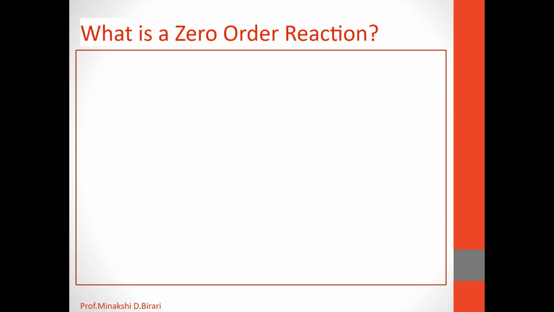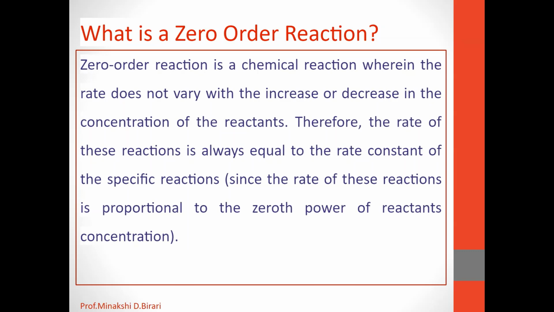Now let's see what is a zero order reaction. Zero order reaction is a chemical reaction wherein the rate does not vary with the increase or decrease in the concentration of the reactants. Therefore, the rate of these reactions is always equal to the rate constant of the specific reaction, since the rate of these reactions is proportional to the zeroth power of reactant concentration.